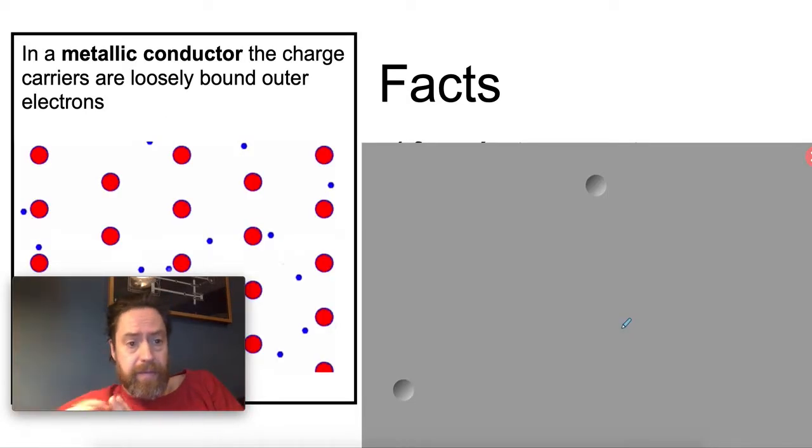You start off with what you know about metals already. So we have the positive charges, the positive ions, and then the outer electrons are loosely bound and they become free electrons, and they're what's moving around. So these delocalized or free electrons.